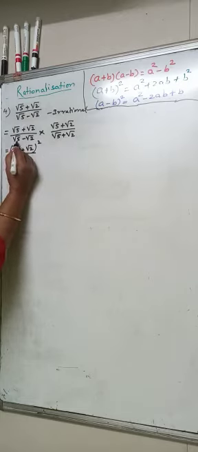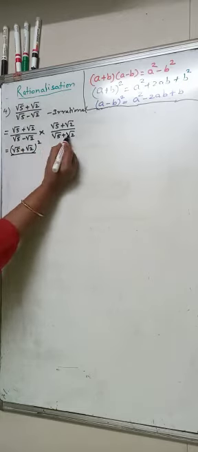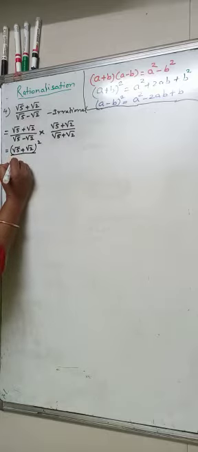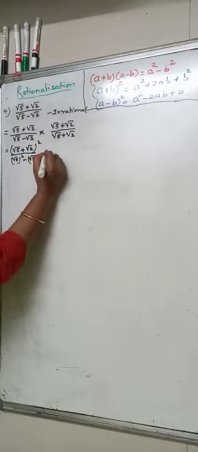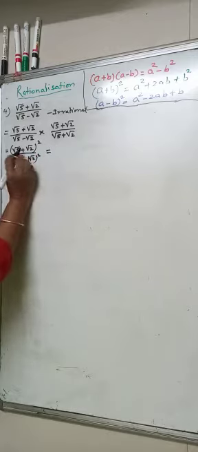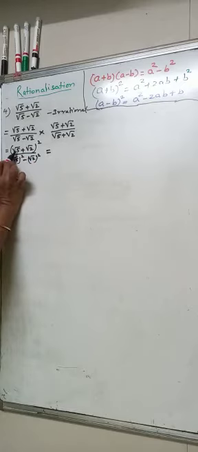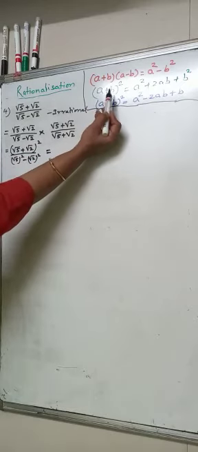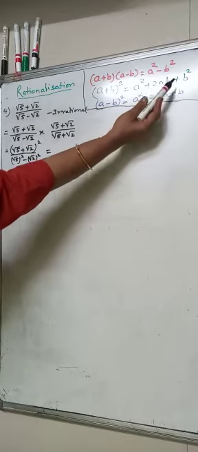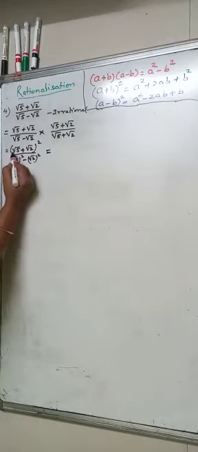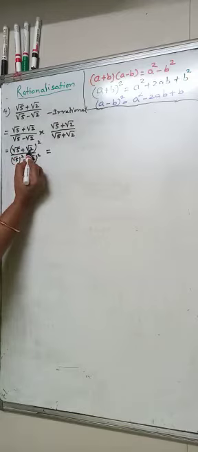(√5 − √2)(√5 + √2) is nothing but (a − b)(a + b). So you can write (√5) the whole square minus (√2) the whole square. In the numerator, you can use the identity (a + b) the whole square equals a square plus 2ab plus b square. Here a is √5, b is √2.